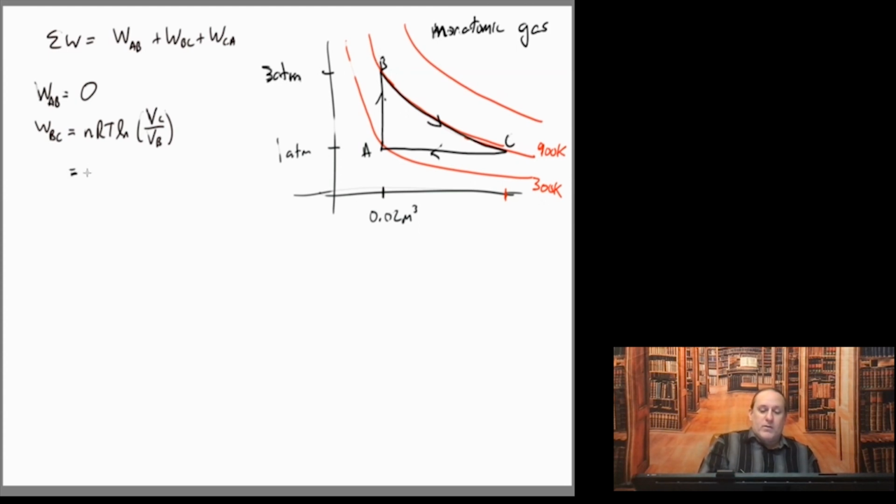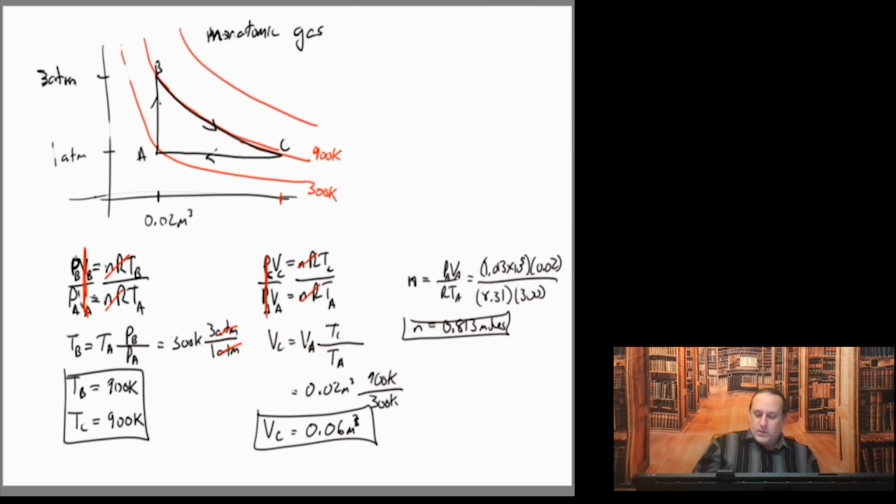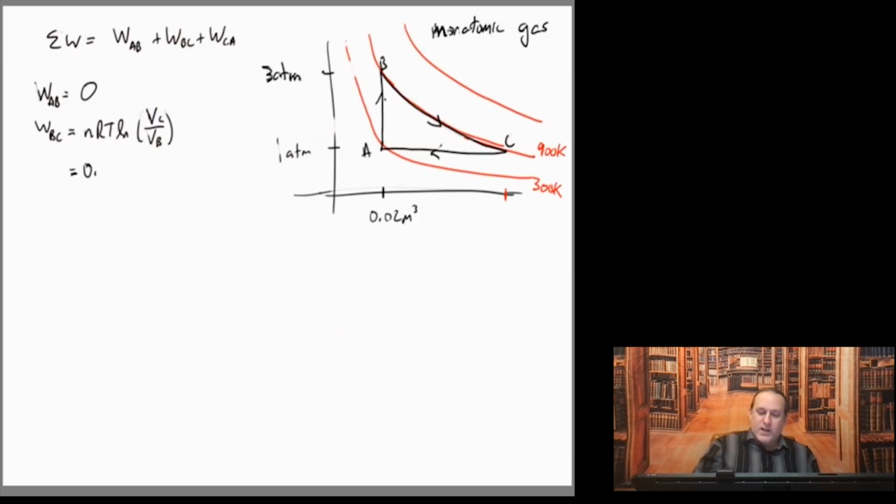So we have 0.813 moles times 8.31. Those numbers are kind of similar, aren't they? Times the temperature. The temperature on this BC line is 900.